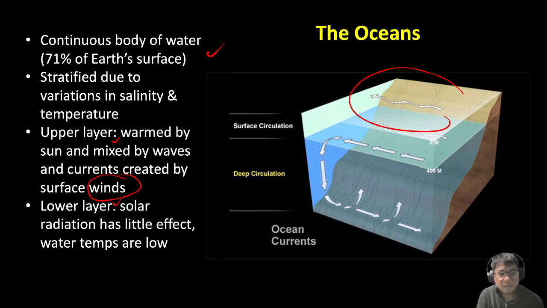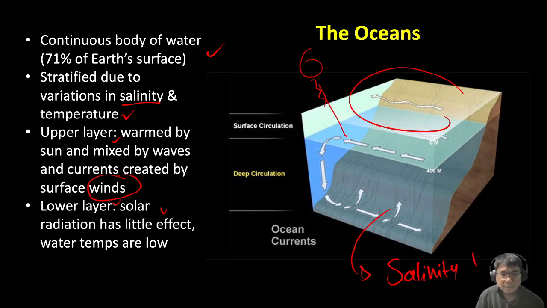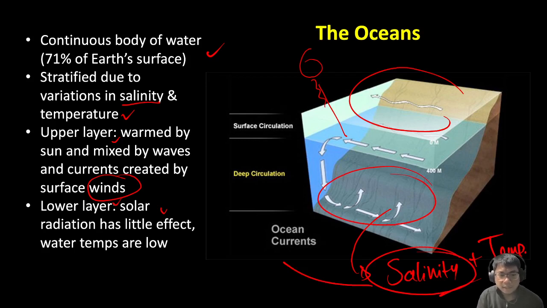In the lower layer, solar radiation has little effect because sunlight cannot penetrate deep enough into the deeper parts of the ocean. But salinity and temperature play such an important role in the deeper parts of the ocean. If you don't know what salinity is, go ahead and Google it, but salinity is basically the concentration of salt or other types of ions within the ocean water.